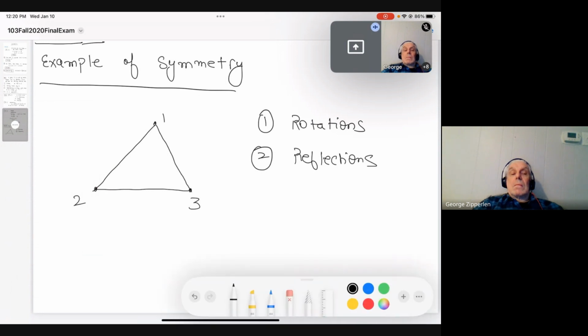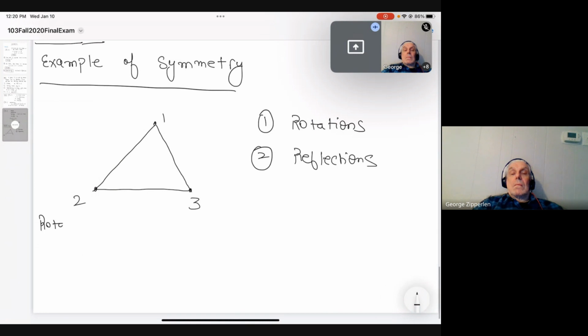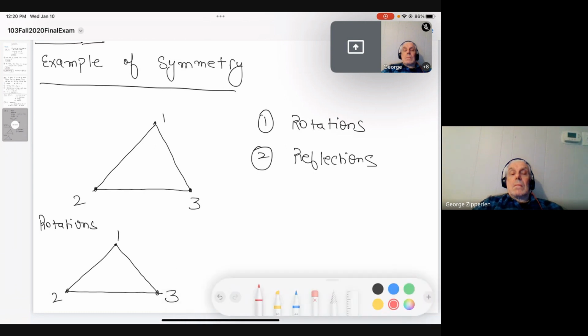So let's see rotations. What we will get if we rotate our triangle. So this is my original figure. Let's say I rotate it, right?